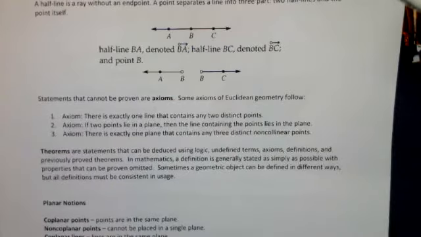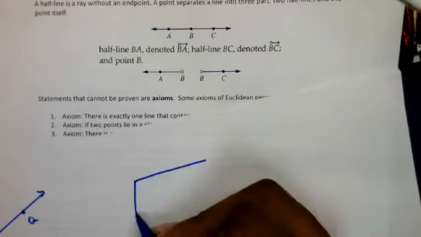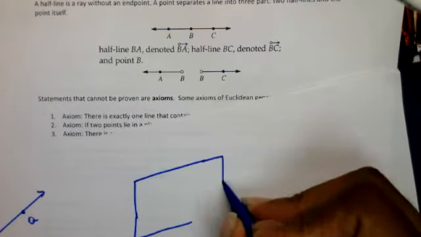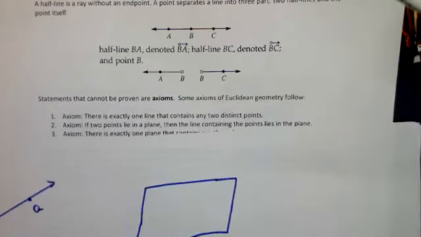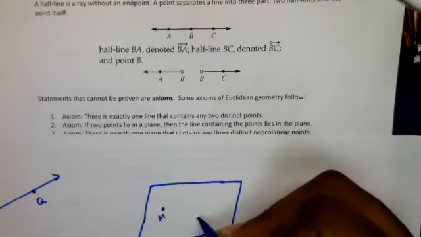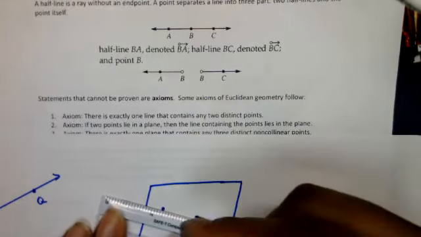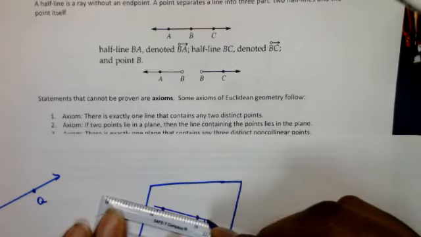The second: if 2 points lie in a plane, then the line containing the points lies in that plane. Okay, so what that means here is this: if I have a plane, and this will be just an illustration of that plane, and I have 2 points, let's say M and N, they lie in that plane, then that means the line going through M and N will lie in that plane.